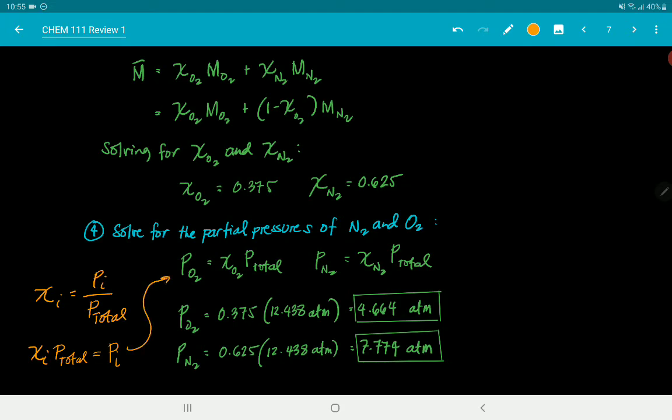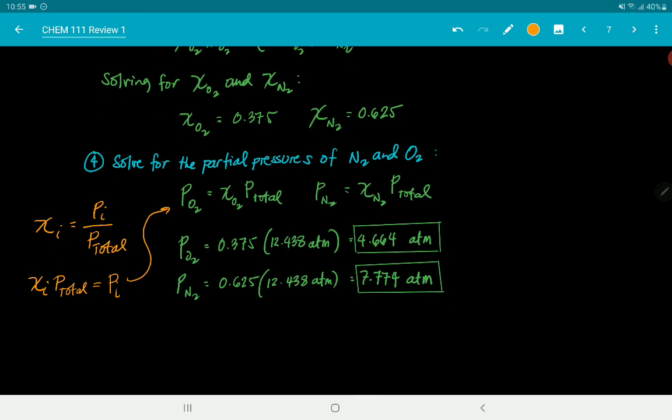That would be the case for both gases. So using those equations, 0.375 times 12.438 atm will be the pressure of O2, that is 4.644 atm.